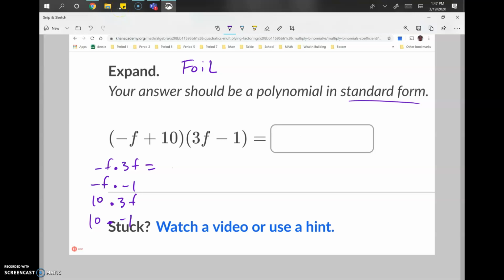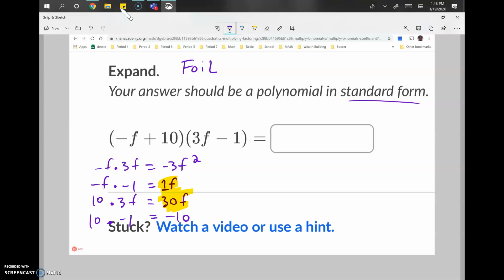Negative 1 times 3 is negative 3. F times f is f squared. Negative 1 times negative 1 is a positive 1 times f, positive 1f. 10 times 3 is 30 times f, 30f. 10 times negative 1, negative 10. Boom, done. So there are the four terms, and when you look at them, this one has an f, this one has an f.